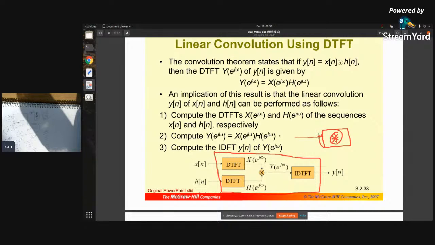You have one signal coming through and another signal coming through like this: here you have x of n and here y of n, or for example h of n. The output is y of n.